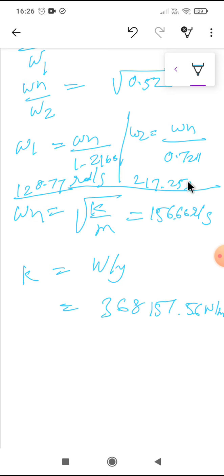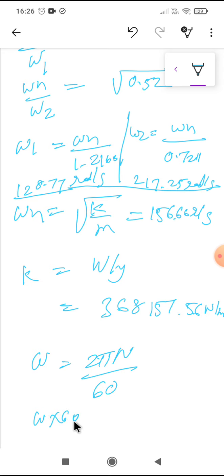If you have to find the speed, the formula is omega equal to twice pi n by 60. You can use this formula to find n by making n the subject: omega into 60 divided by 2 pi is equal to n.